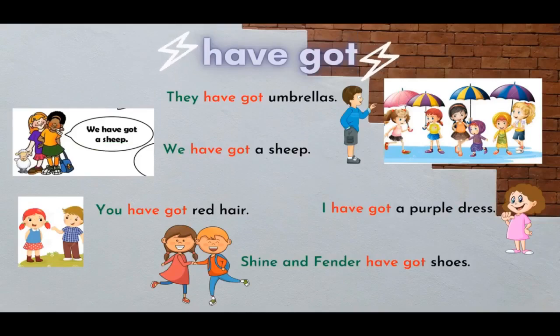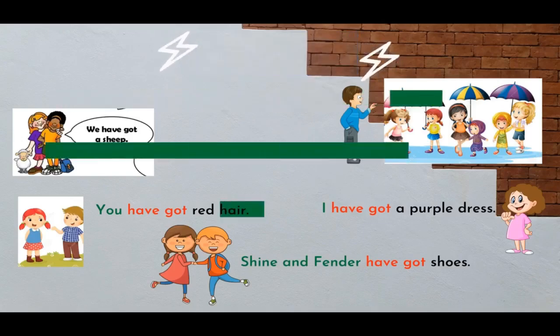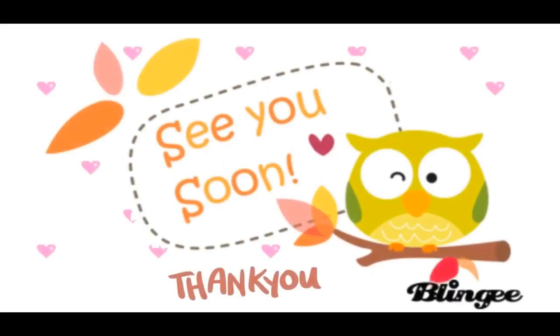They have got umbrellas. We have got a sheep. You have got red hair. I have got a purple dress. Shine and Fender have got shoes. That's all for now. See you soon. Thank you.